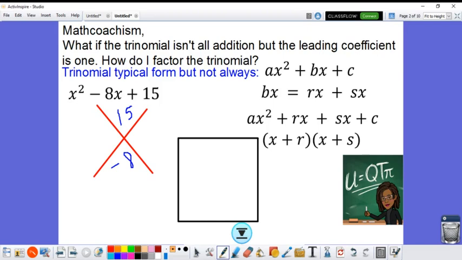Okay, hold on. I remember something about integers. Integers says when you multiply factors and you get a negative, they have to be different signs. But then my c is positive.